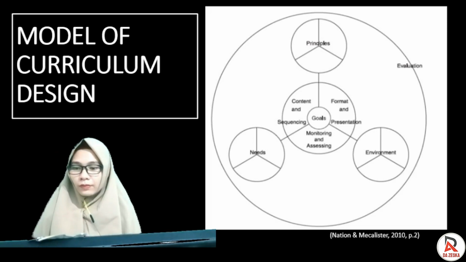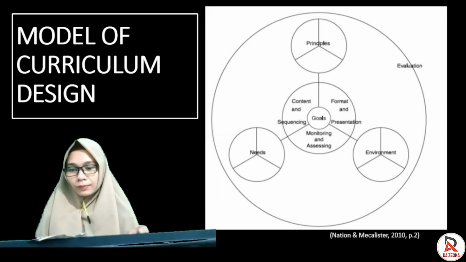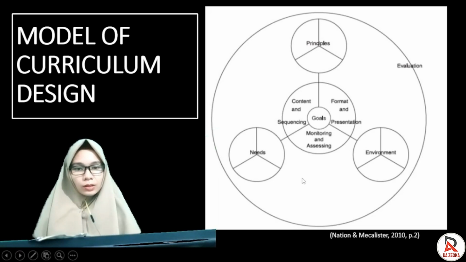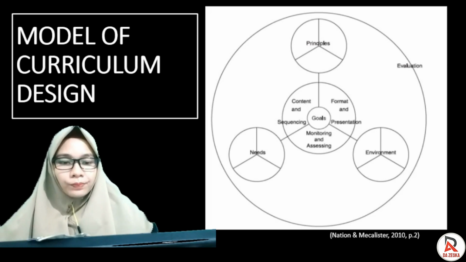So here is my first mapping. This is content and sequencing. So this is number one, content and sequencing. And what do we mean by content over here?